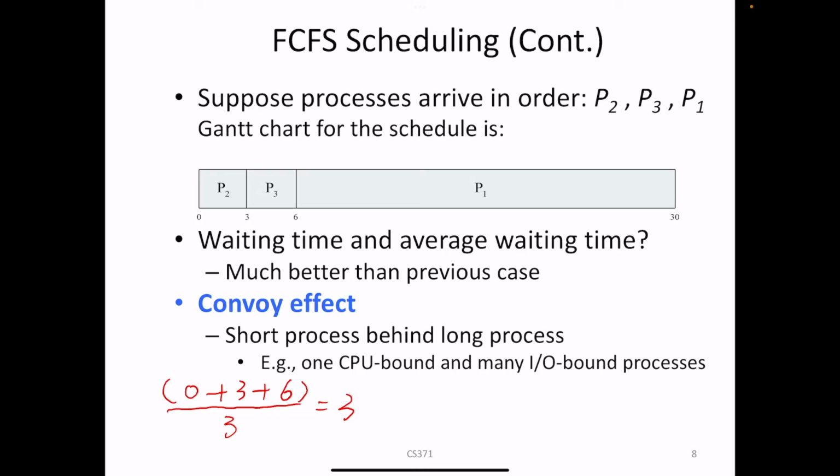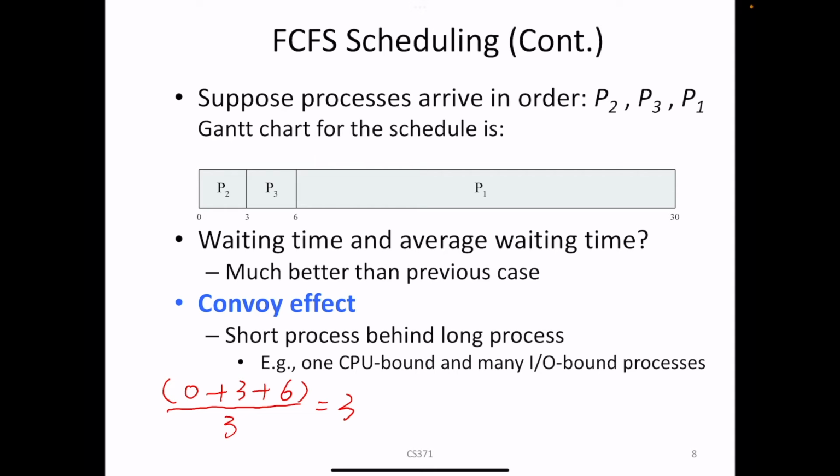The waiting time for P2 is 0, P3 is 3, P1 is 6. Therefore, the average waiting time is 0 plus 3 plus 6 divided by 3, which is equal to 3, which is much shorter than the previous example with the same setting and a different order.